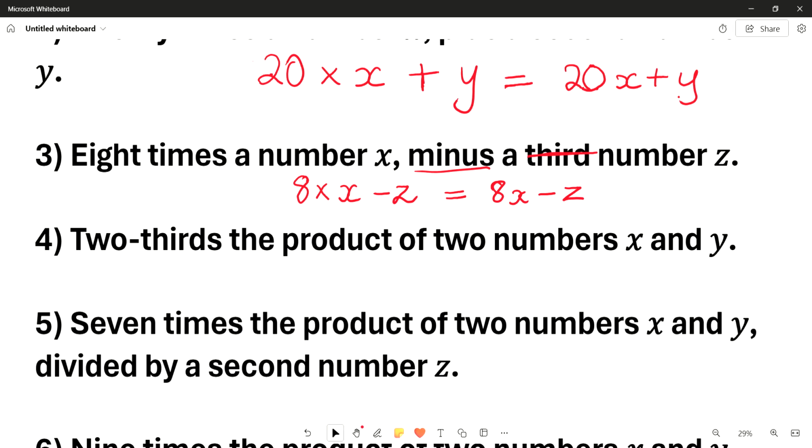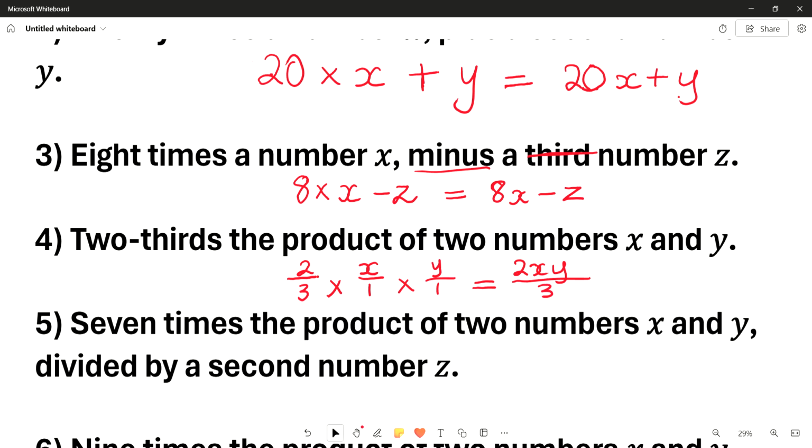And then 2/3 times that would be 2/3 multiplied by x. I'm going to put x over 1 since this 2/3 is a fraction, times y over 1. And all of that would give me 2 times x times y, which is 2xy all over 3 times 1 times 3 gives me 3.